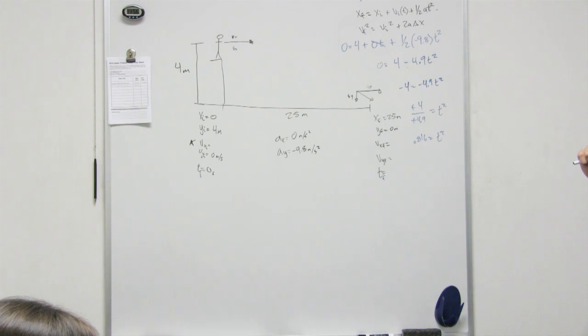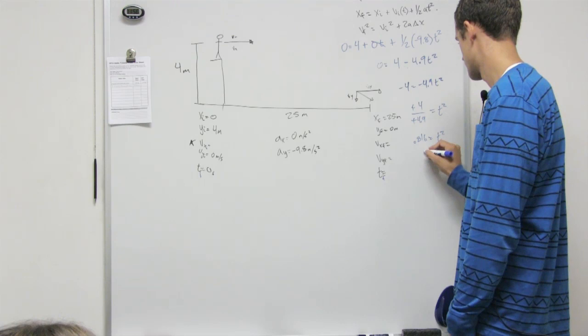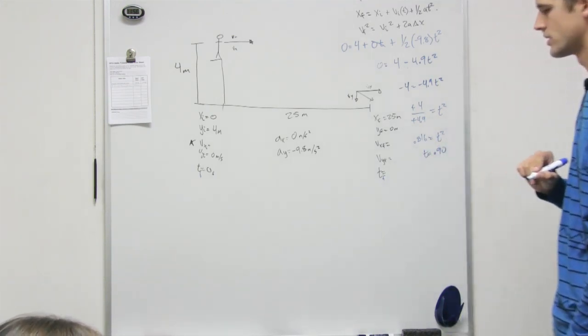Which equals t squared, so I have to do square root of that. And that's 0.90. So T equals 0.90.